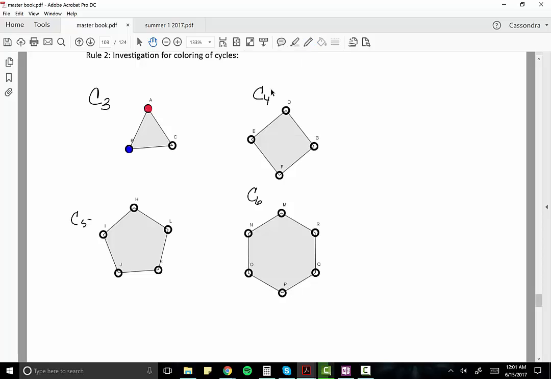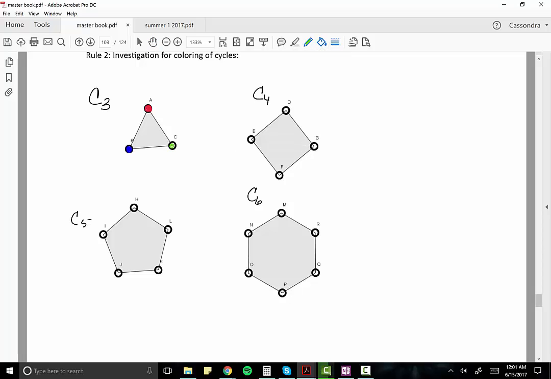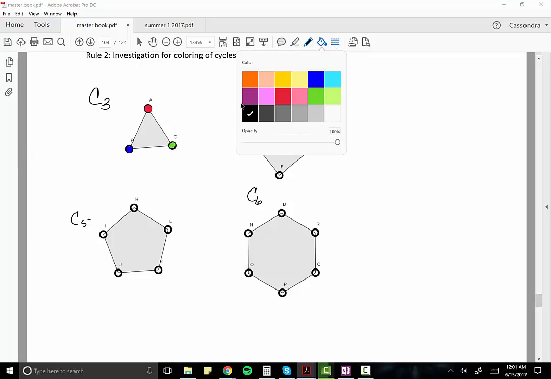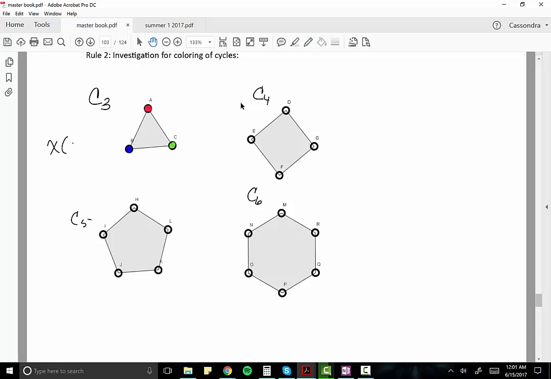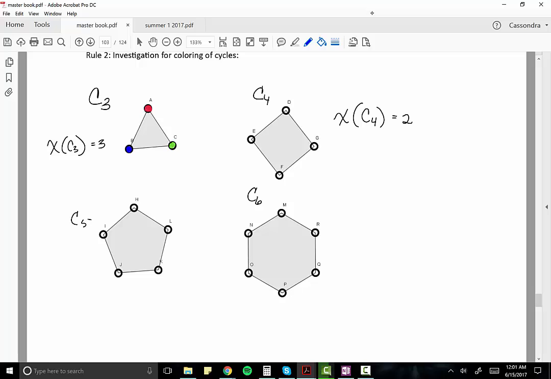Now, C cannot be red or blue, so it's going to be green. So the chi of C3 is 3. The chi of C4 is going to be 2, because if you remember, all even cycle graphs are bipartite.